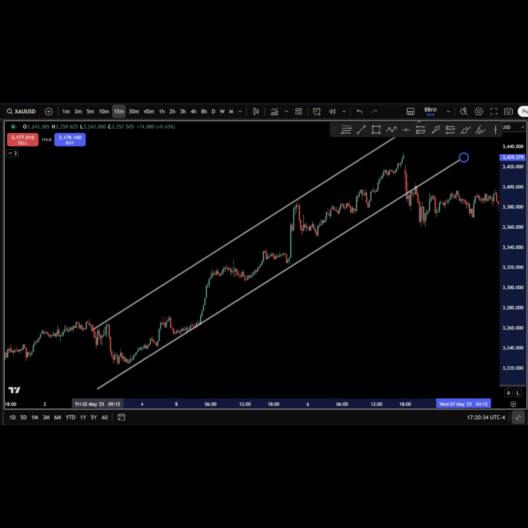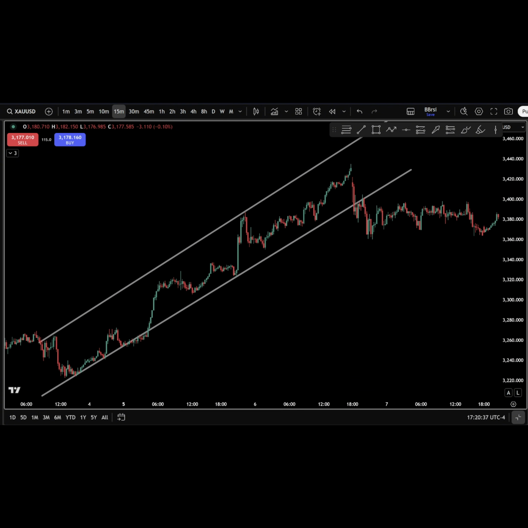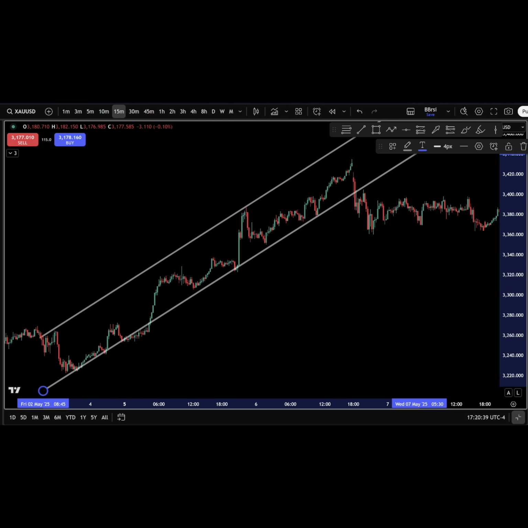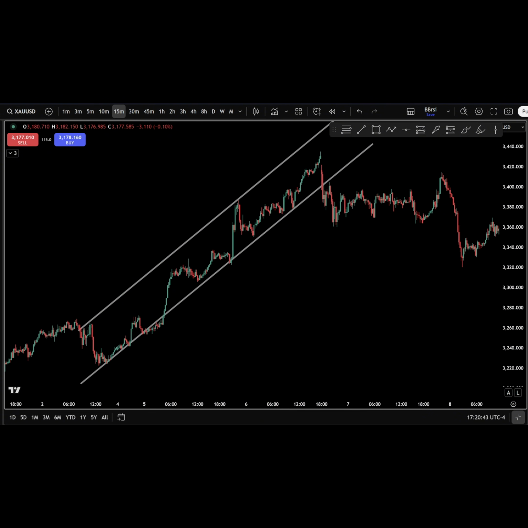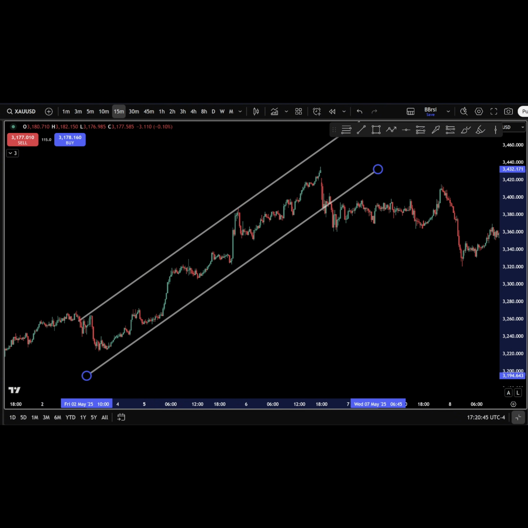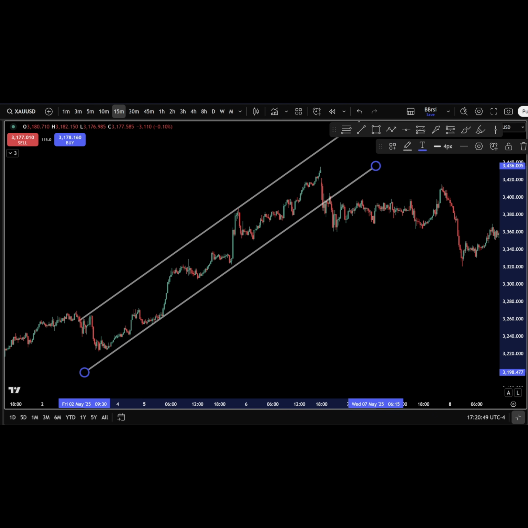If you want to even make it like this, you can, but we'll make it so all or most of the lines are inside. This is exactly parallel lines.